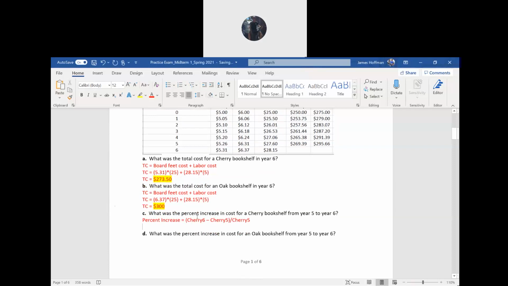So we'll take the cost of cherry in year 6, take how that's changed since year 5, and divide by year 5. If you multiply this whole thing by 100, that's how you get the percent change.